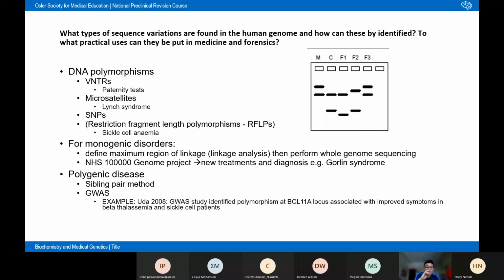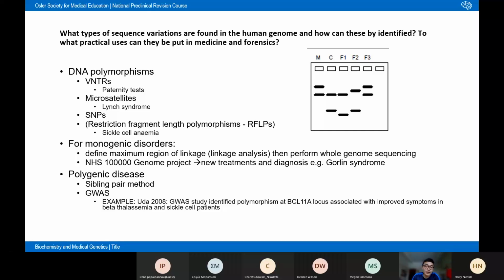They did a GWAS study on patients in Sardinia. They wanted to look at how certain polymorphisms were associated with better prognosis in patients with either beta thalassemia or sickle cell anemia, so mutations in the HBB gene. They noticed there's a polymorphism at a gene outside HBB, at BCL11A, which is associated with controlling levels of fetal hemoglobin.